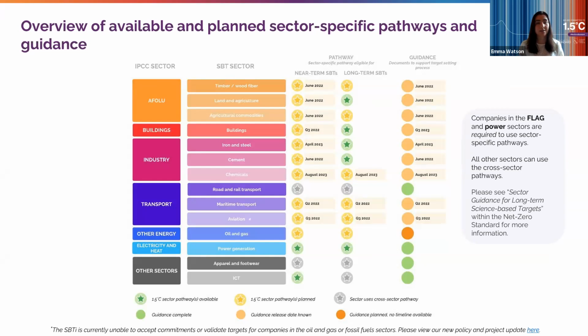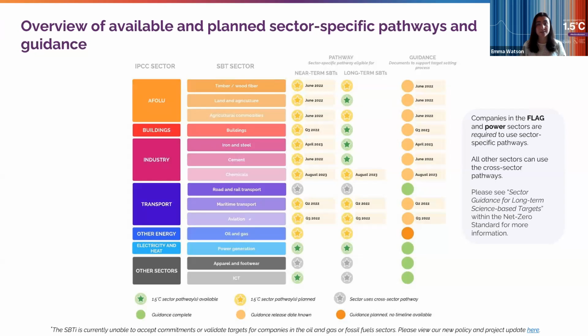One thing that you'll notice on this slide is that a lot of these pathways are under development. We have previously done a lot of the sector-specific work based on well below 2 degrees scenarios. The SBTi is actually moving as a whole, as of July this year, to 1.5C targets only for scope 1 and 2.